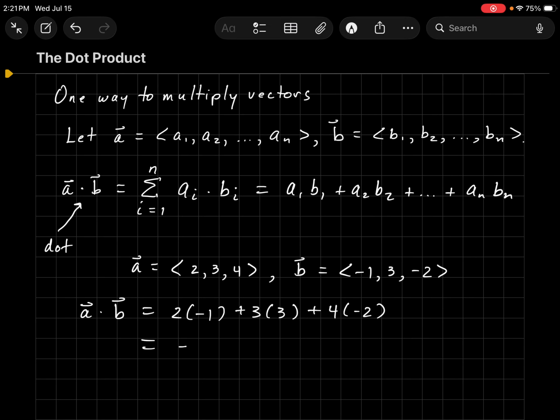So we get -2 plus 9 minus 8 equals -1. So the dot product of two vectors is not a vector, but simply a constant, or what we call a scalar.